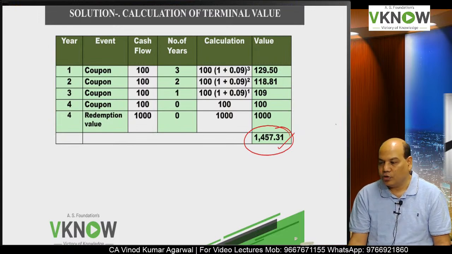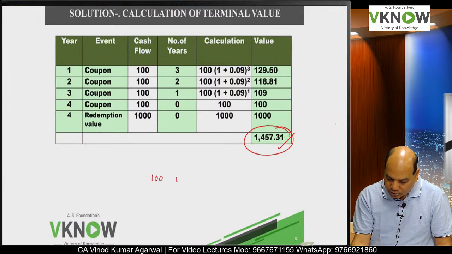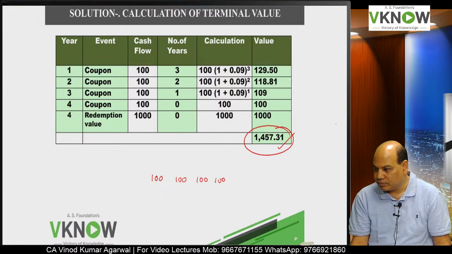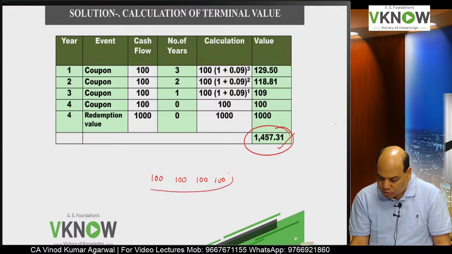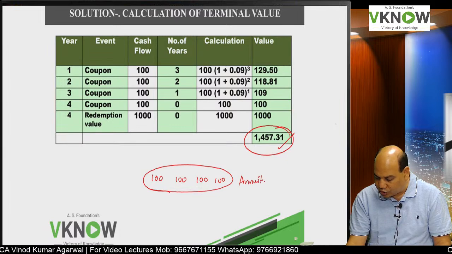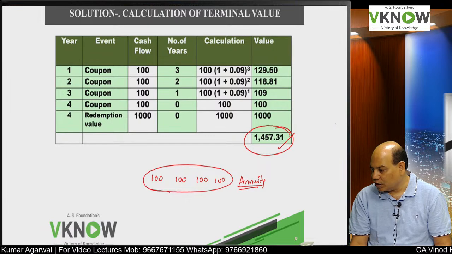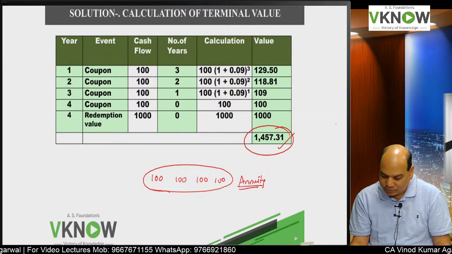There is one more method by which we can get this answer. By applying the formula of future value of annuity, you are receiving 100 rupees, 100 rupees, 100 rupees, 100 rupees, 4 times. So this is called annuity. Same cash flow with same frequency is called annuity.